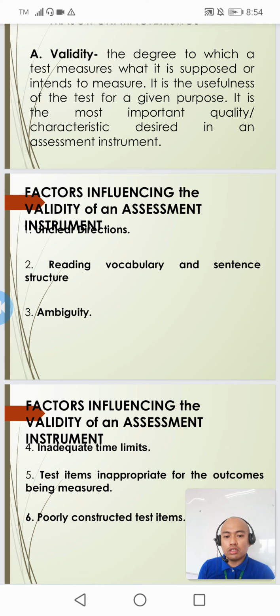If your intention is to check their knowledge on that particular skill, on that particular lesson, then to increase the validity of that item, we need to simplify our wordings. We need to simplify our vocabulary. Use simple vocabulary words. Do not use complex vocabulary words. And make sure yung mga sentence structure ninyo is maganda.